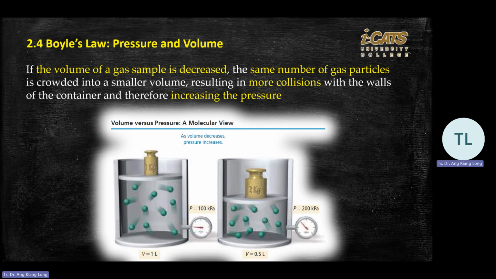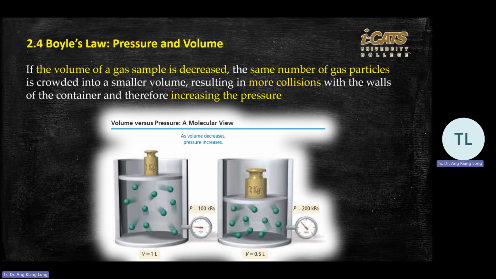So let's say you have a container and the container gives you 100 kilopascal. If you put more weight to press it, the pressure will increase, volume will decrease. So here you can see if you have 100 kilopascal, the volume is 1 liter.